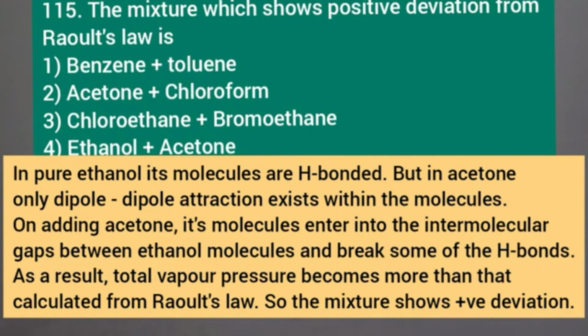On adding acetone, its molecules enter into the intermolecular gaps between ethanol molecules and break some of the hydrogen bonds. As a result, total vapor pressure becomes more than that calculated from Raoult's law. So the mixture shows positive deviation from Raoult's law. So the correct option is ethanol plus acetone, that is option number 4.